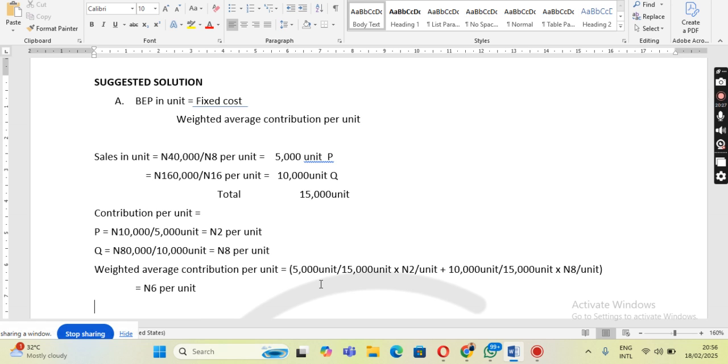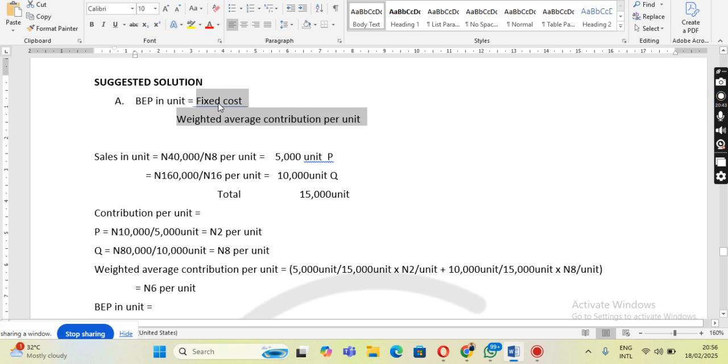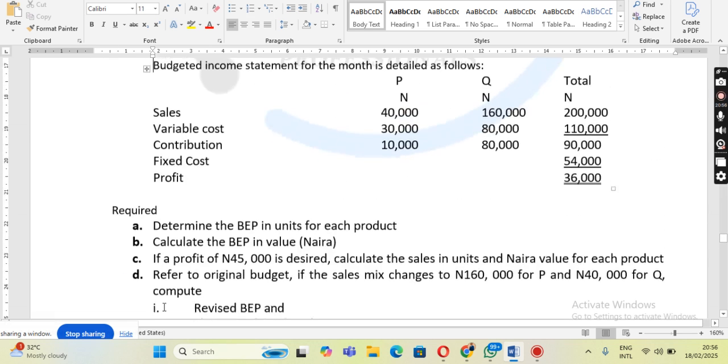Therefore, the BEP in units for the two products is equal to your fixed cost. Don't forget, this is the formula: fixed cost divided by the weighted average contribution per unit. And we have gotten the weighted average contribution per unit for the two products. Quickly, what is the fixed cost given to us in the question?